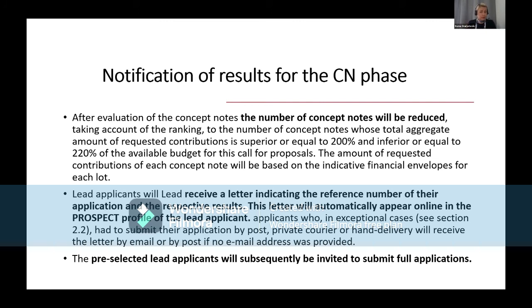Because, you know, in case some applicants decide not to submit the full application, or if they submit a full application which is not of good quality, or if they don't satisfy the administrative requirements for the full application, which is also sometimes the case, the contracting authority wants to ensure that they will have enough good quality proposals in the full application.